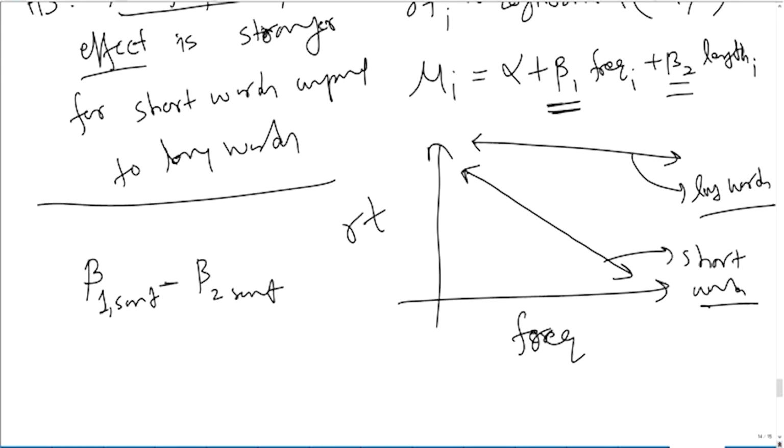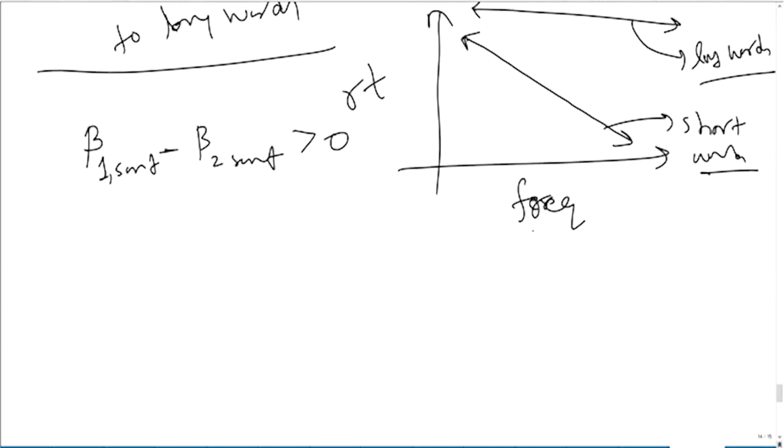So, it is the difference of beta 1 and beta 2. Okay. So, what this hypothesis is saying is that this difference between these slopes would be positive. Okay. So, you will have slope of this line for shorter words, and there would be some slope of this line for long words. If you take the difference between these two slopes, that difference would be positive.